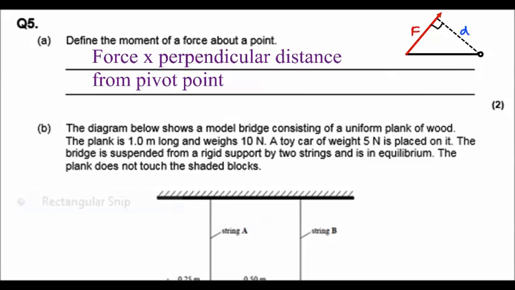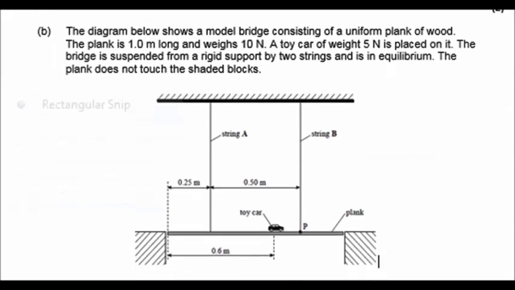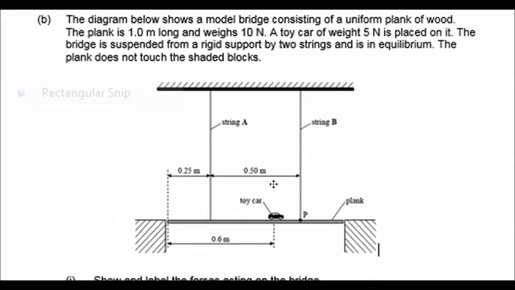Now, in this question, we're being given a model bridge on a uniform plank of wood. Essential word uniform means it's the same mass all the way along, and so the centre of mass will be central. It'll be halfway, all right?